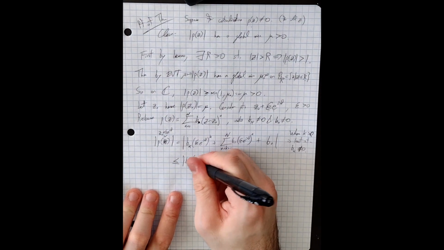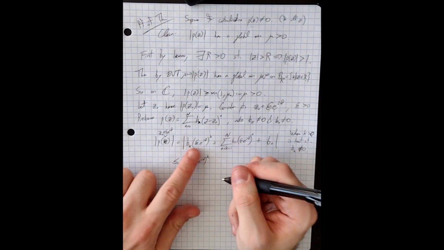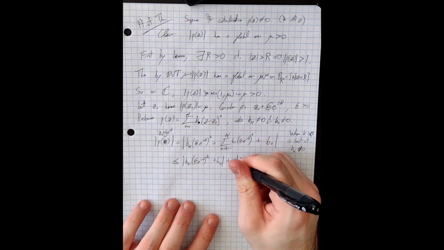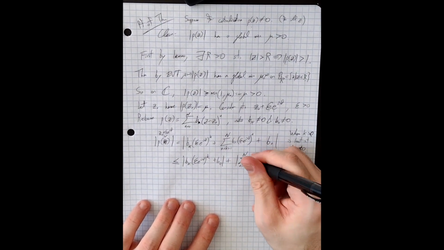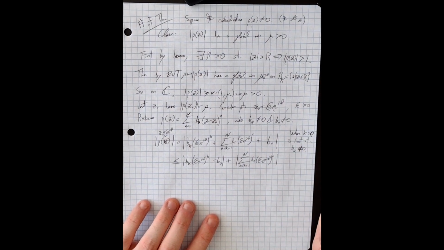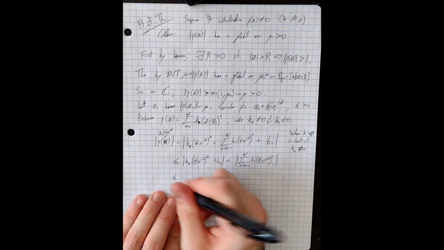I'm going to stick that term, combine it with the b naught, plus the rest. Okay, and then we're going to use the triangle inequality there again.